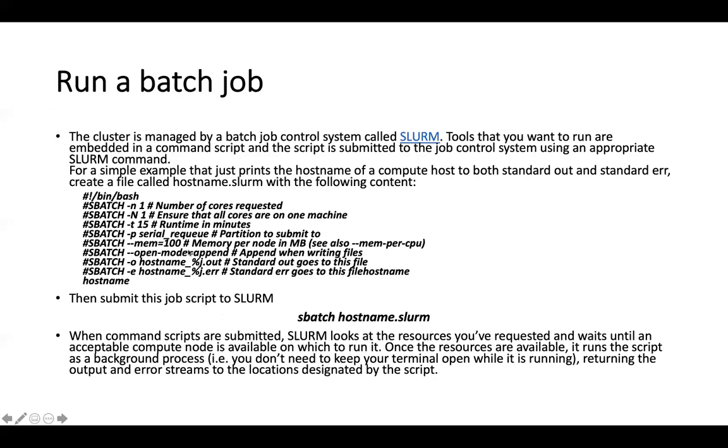You can see the file containing those commands. For example, sbatch -n 1 designates the number of cores you requested, and -N 1 ensures that all cores are on one machine, as is usually the case.